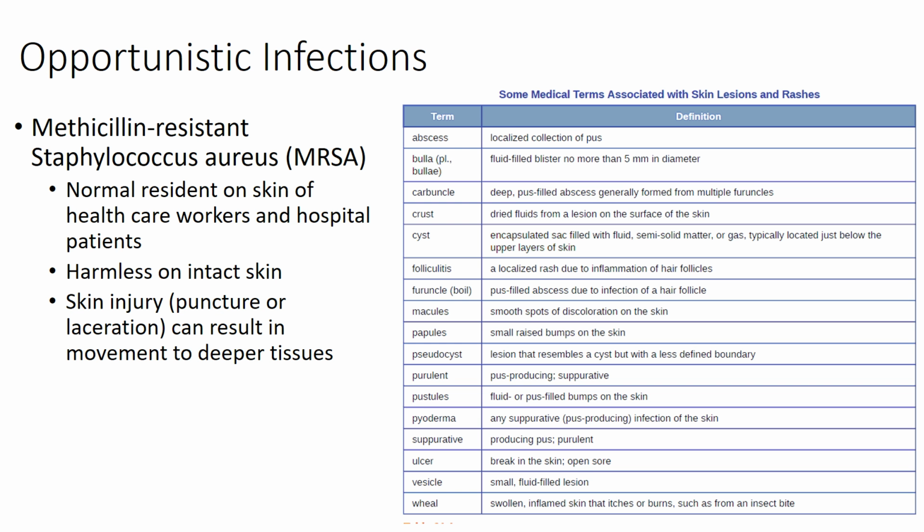Now, there are times when these opportunistic infections can get really bad. An example of that would be a MRSA infection. Some of your normal microbes are antibiotic resistant. A lot of people that work in healthcare systems or have had long hospital stays may have some of these really dangerous bacteria living as normal residents on their skin.